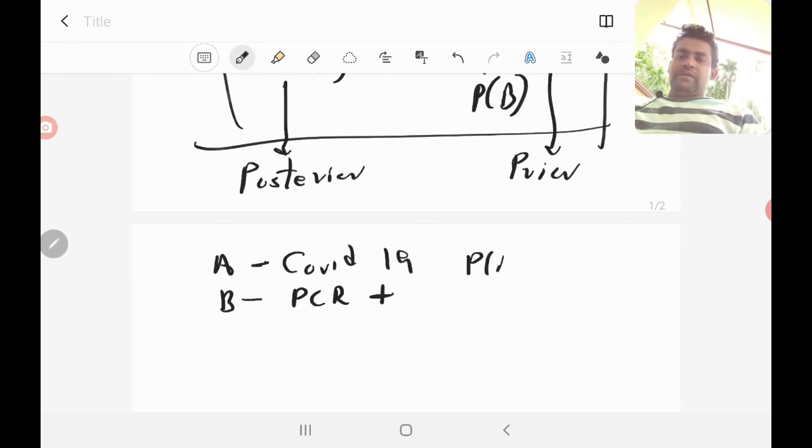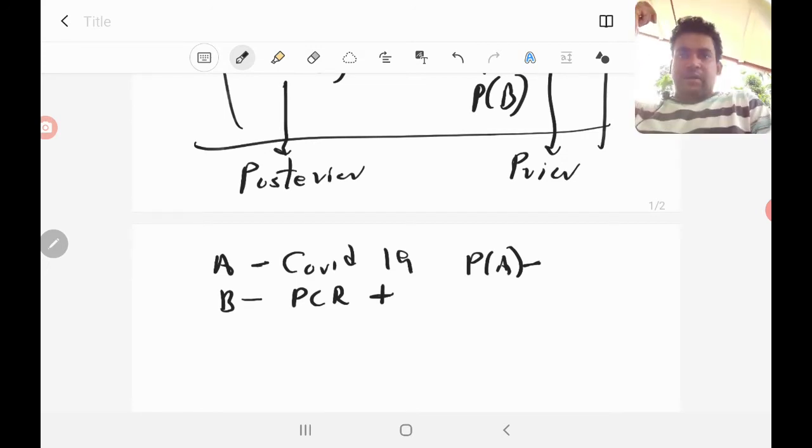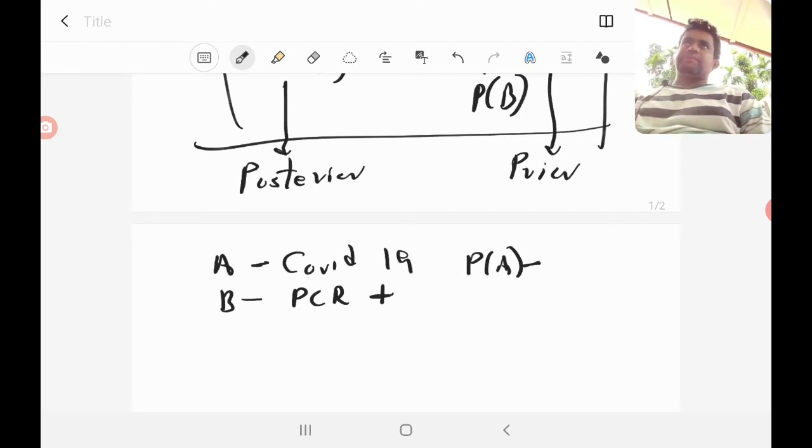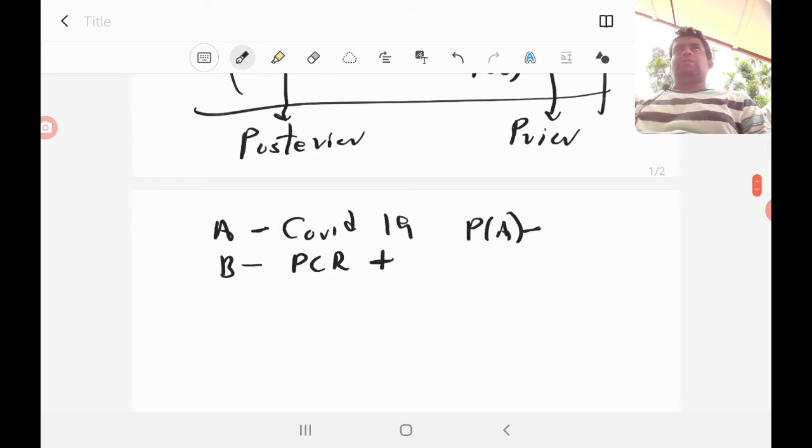So we can define the prior P(A). If we assume that we do the test on just someone whom we randomly pick from the entire population of a country or a society, that will be a relatively small number, right? Because if you don't filter in anyone, those who already have symptoms, or those who have been in contact with someone who is already sick, right?